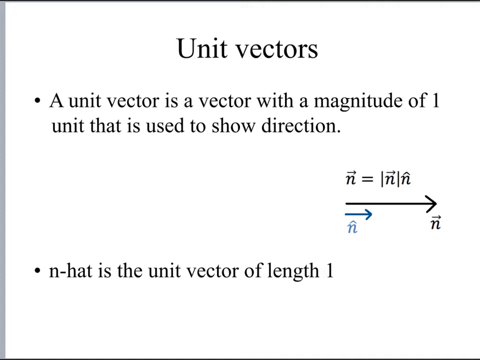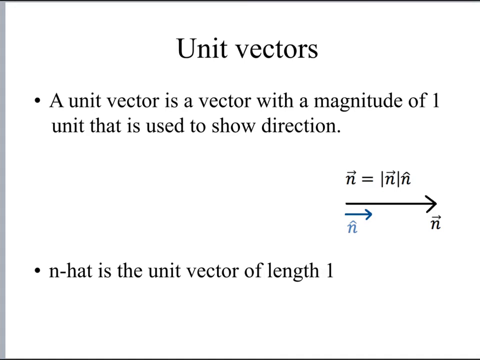A unit vector is defined as a vector with a magnitude, or length, of 1. Remember, the length of the vector represents its magnitude or its amount. And so 1 unit length is the length of the unit vector.